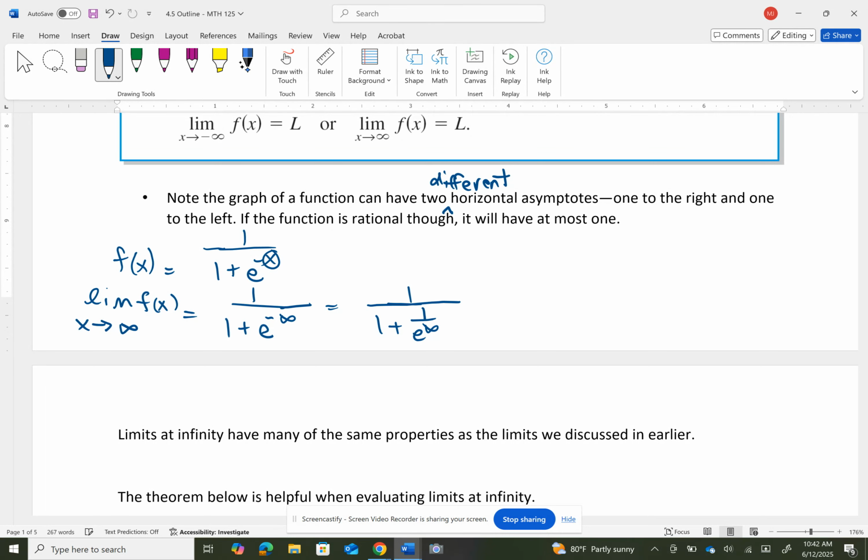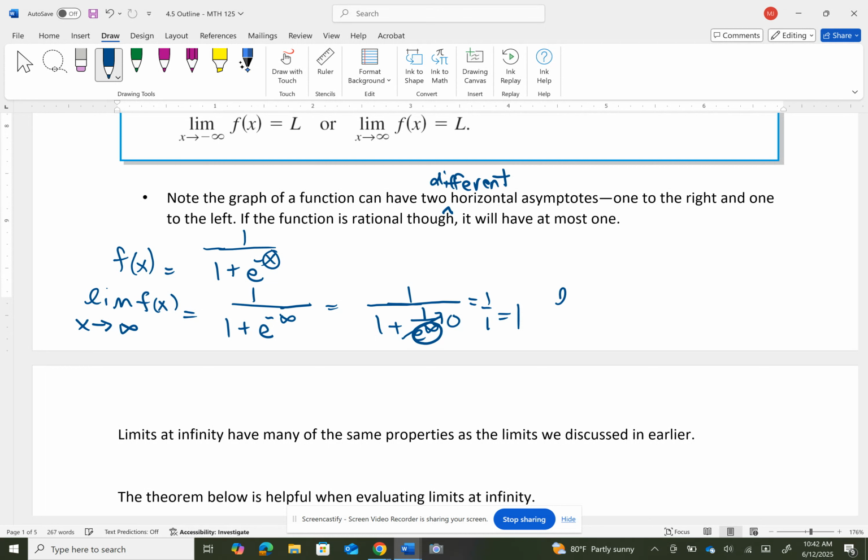And e to a bigger and bigger number is going to just get bigger and bigger. So that 1 over e to the infinity is like a fixed number over infinity, so this part is going to go to 0. So you wind up with 1 over 1, which equals 1. So as x goes towards positive infinity, the value of the function is approaching 1.